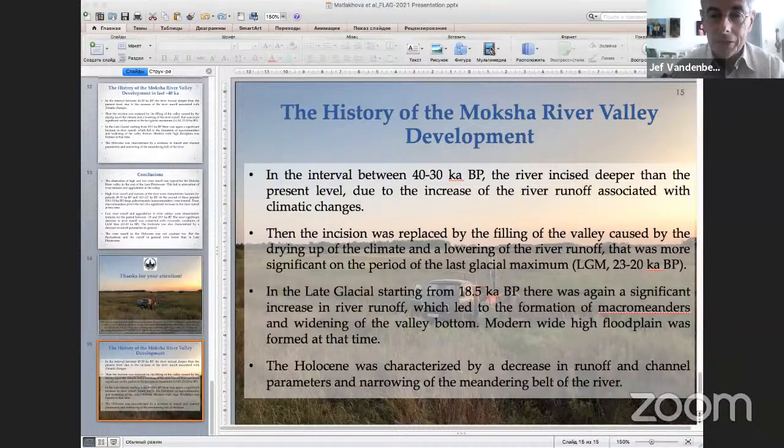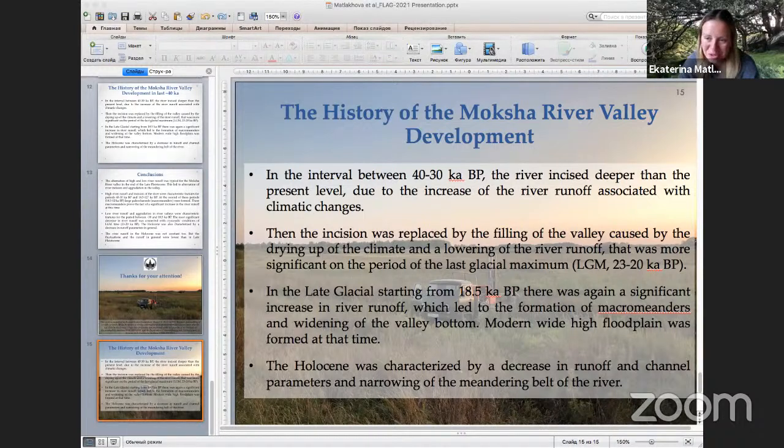The reason for that is not clear yet, and we have always thought that it is a matter of local conditions. But I think that is one of the challenges for further research by the fluvial morphologists, and especially related to the impact of climate change in contrast to the influence of local factors. Yeah. That's my comment. Thank you.